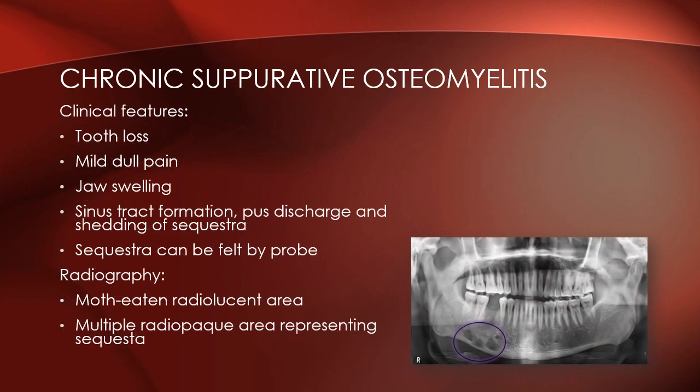Clinical features: tooth loss at the site of the inflammation, mild dull pain, jaw swelling, sinus tract formation, pus discharge, and shedding of sequestra. Sequestra can be felt by palpation. Radiography: moth-eaten radiolucent area, multiple radio-opaque areas representing sequestra.